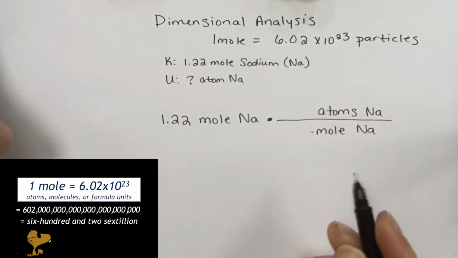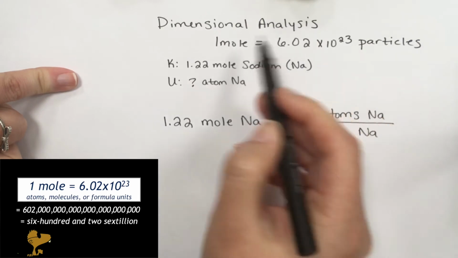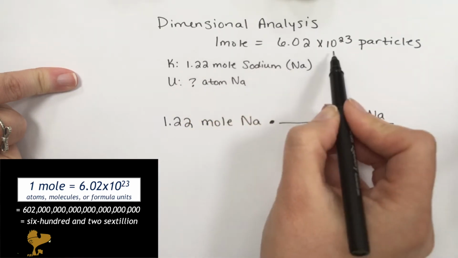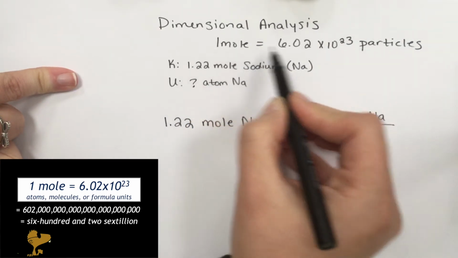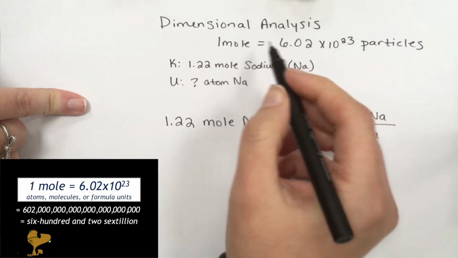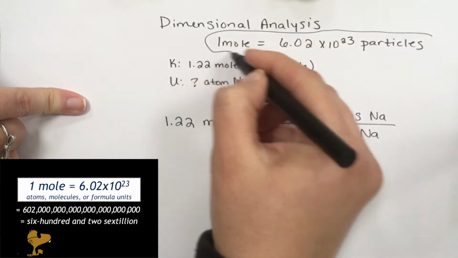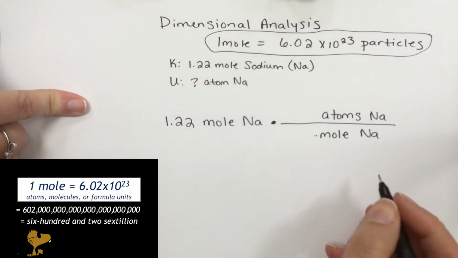So basically 1 mole is equal to this always, all right? Just like 1 dozen is equal to 12 things, 1 mole is equal to this many particles, okay? That's all we're doing, just a fancy conversion factor with just a big number. That's it, don't be scared of it.